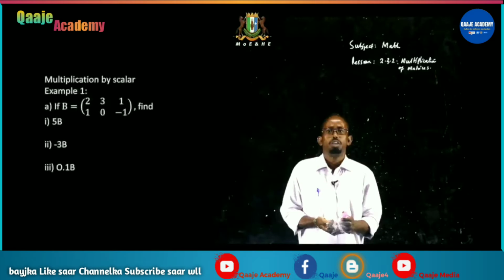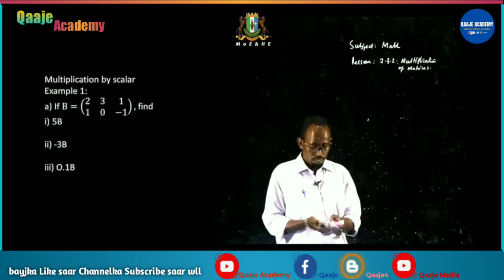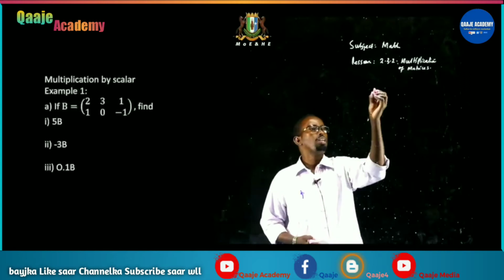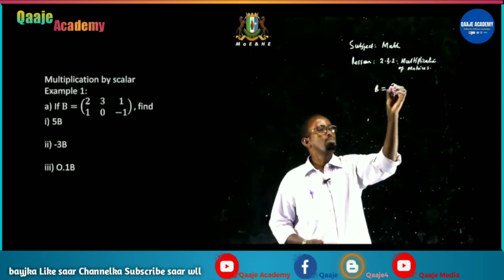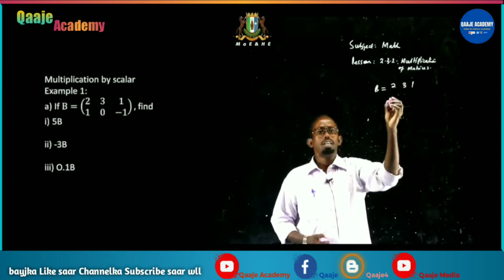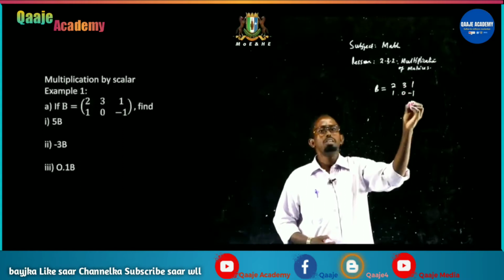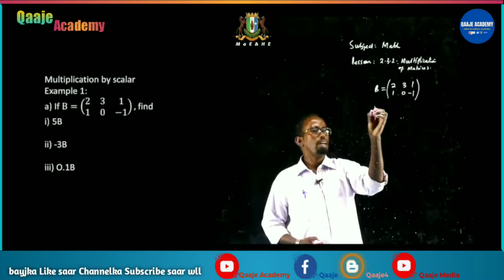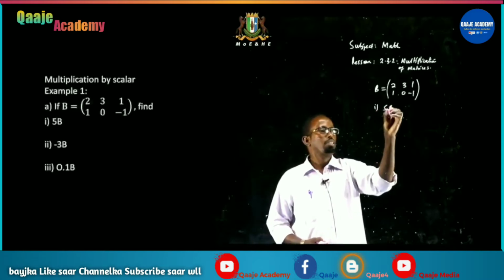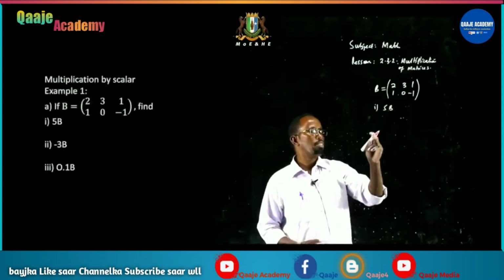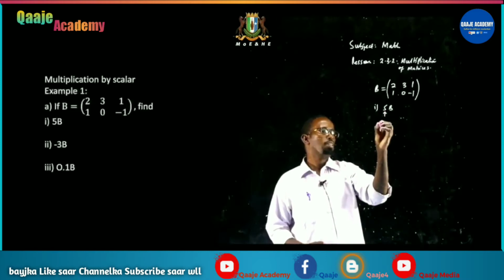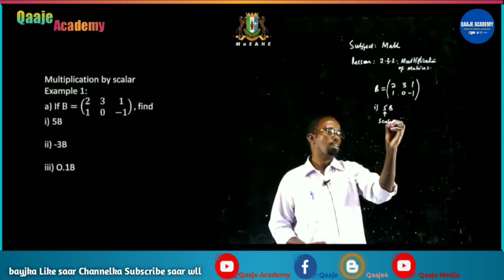Example, multiplication by a scalar. If B is [2, 3, 1; 1, 0, -1] and you are asked to find 5B, this 5 is the coefficient of B, so this is scalar multiplication.